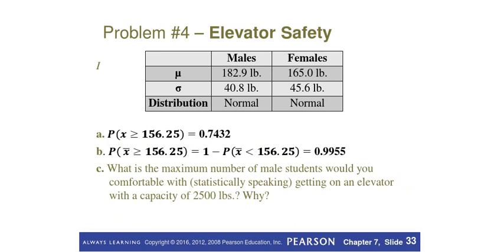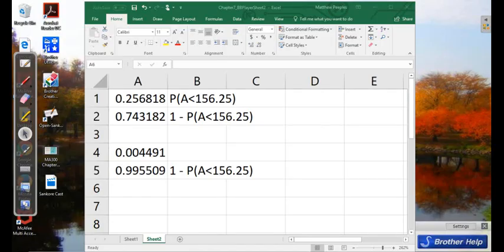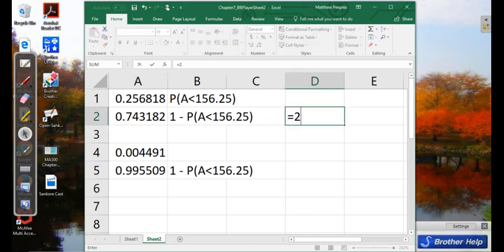If we're talking about male students getting on with a mean weight of 182.9 pounds, let's take that 2,500 and divide it by 182.9. What number do I get?